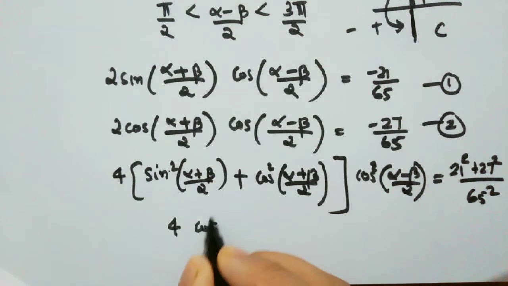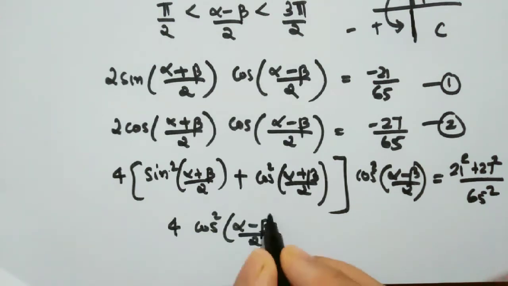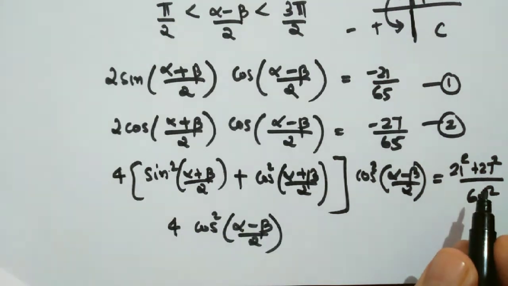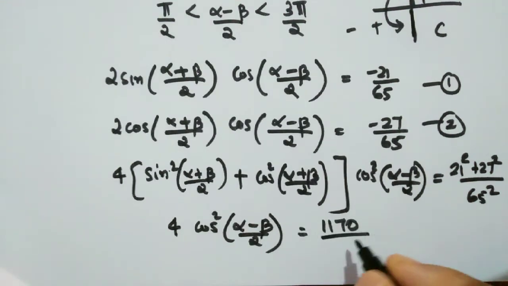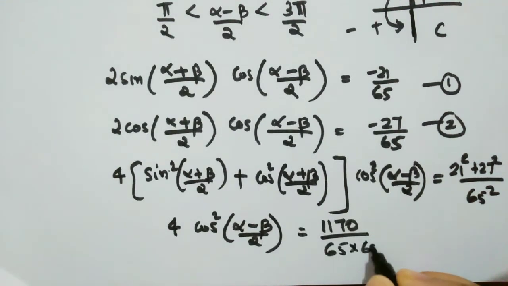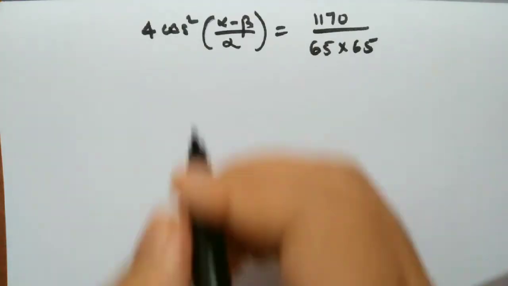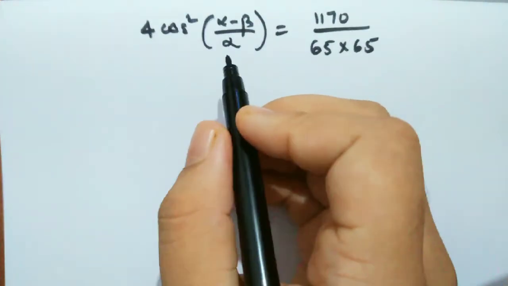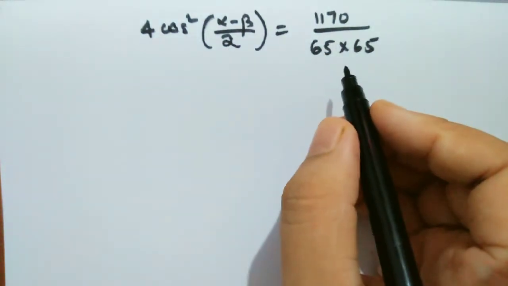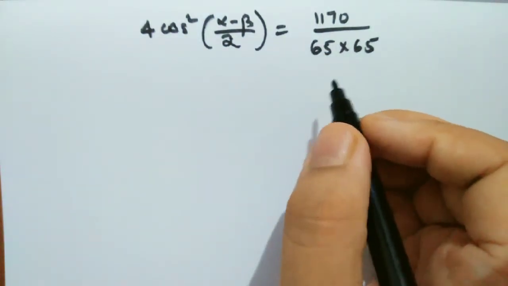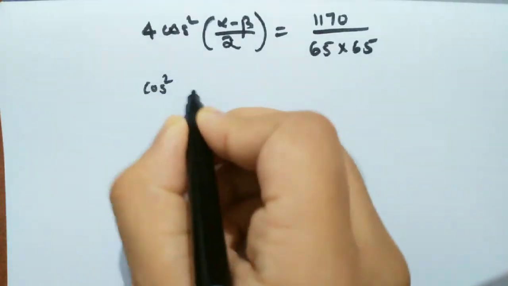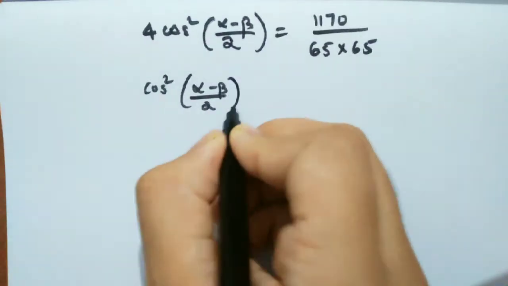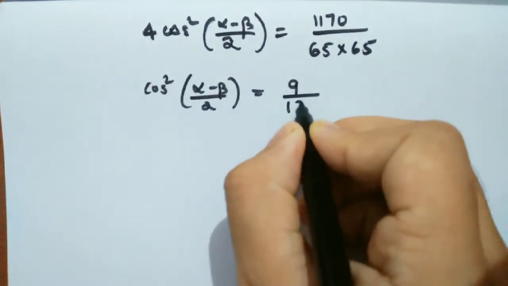So 4 cos square((alpha − beta)/2) = (21 square + 27 square)/65 square, which comes to 1170/(65 into 65). From here I will take the 4 to this side and simplify. I will get cos square((alpha − beta)/2) = 9/130.